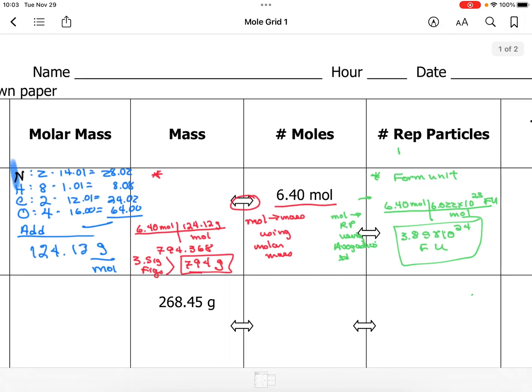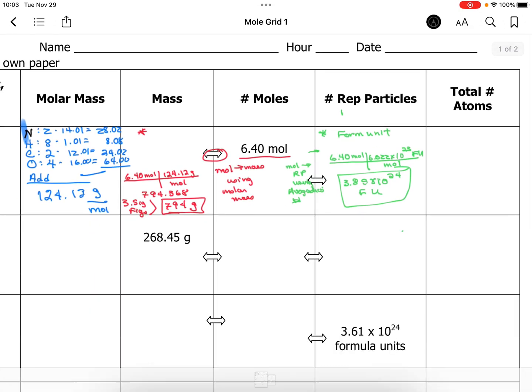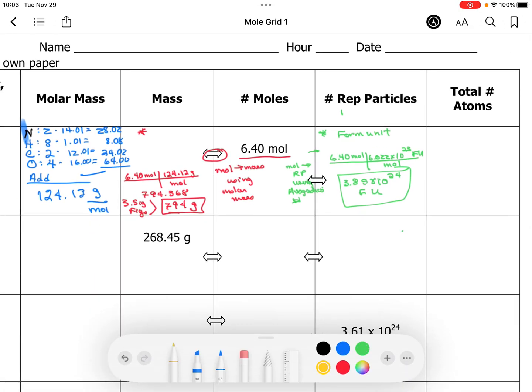Now for our next part, when we're doing total atoms, we need to look at these numbers that I have right here. If I add those up, these numbers will tell me how many pieces I have.